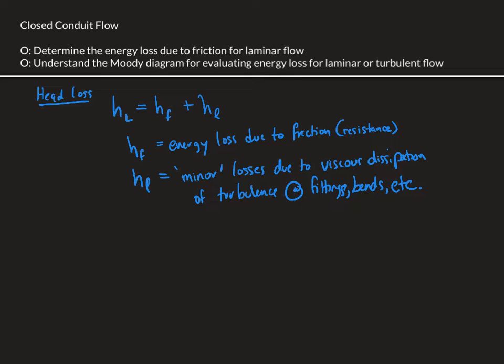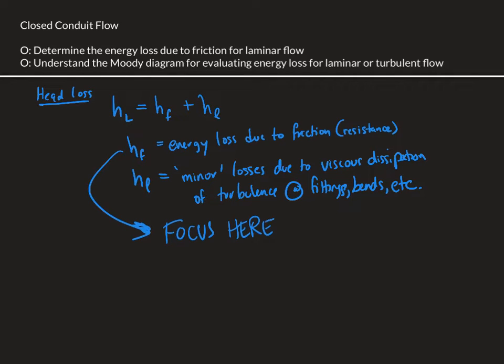It is going to create some turbulence or more turbulence, and that's going to create more minor losses. So we'll talk about that on the next one, but for this lecture we're going to focus here.